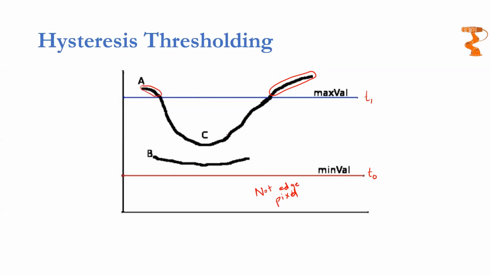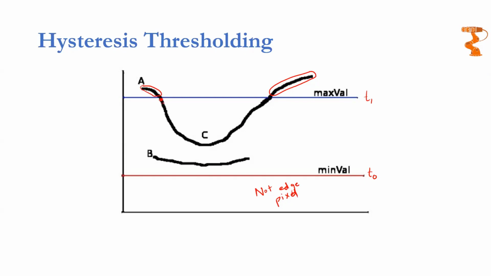Now what about these pixels, this portion C and this portion B? So we are going to come over here and analyze this pixel. We see that there is one neighboring pixel that is already marked as an edge, so we'll mark this pixel as an edge as well.